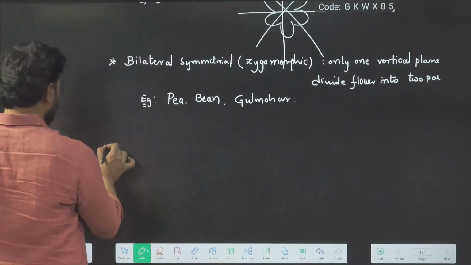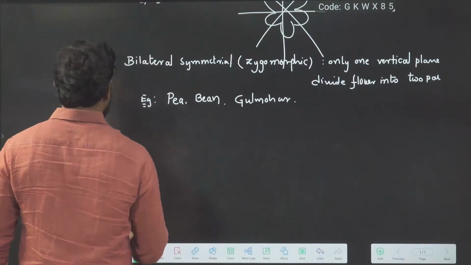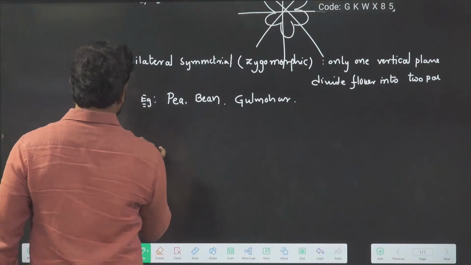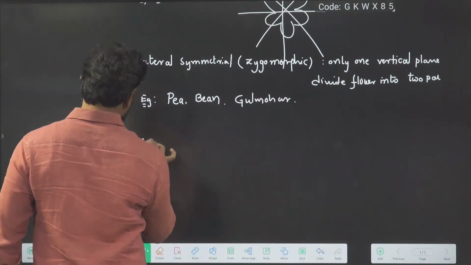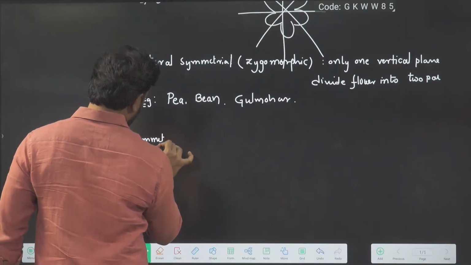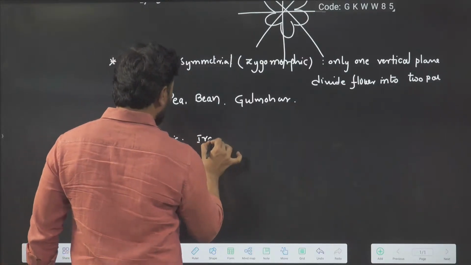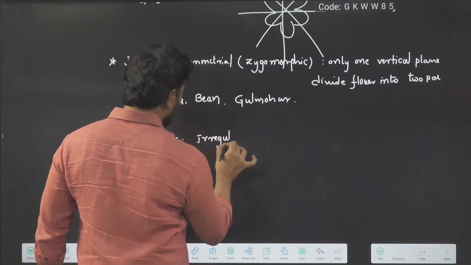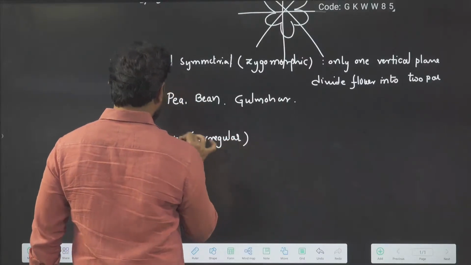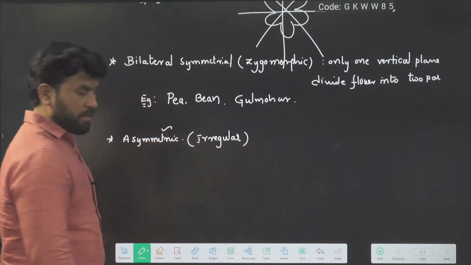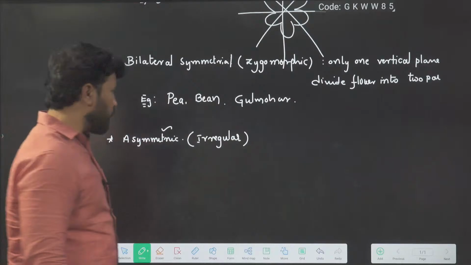Next one, another one, asymmetric flower. And also the flower name is called irregular flower. The flower is asymmetric, the name of the flower is irregular.